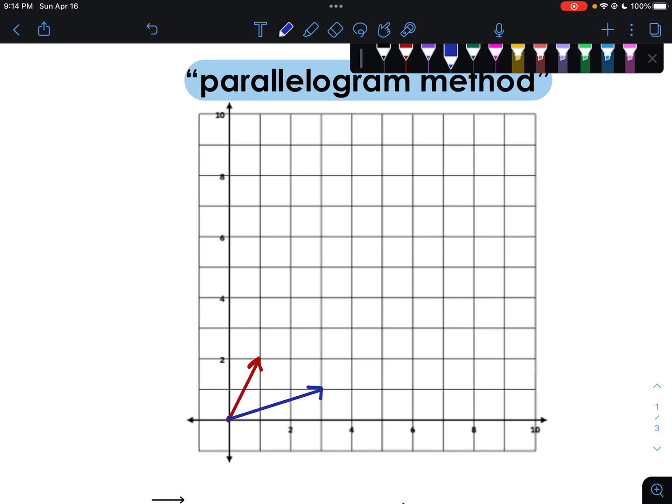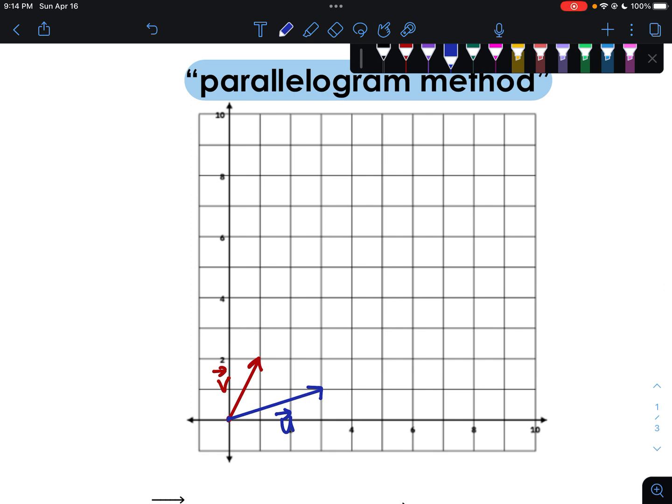Okay, so what we need to do is make a parallelogram out of this. Let me go ahead and label these real quick. So 1, 2 was vector v. So this one right here is vector v. And this one right here is vector u. So what we can do here is I can add u to v and then v to u. Same concept.